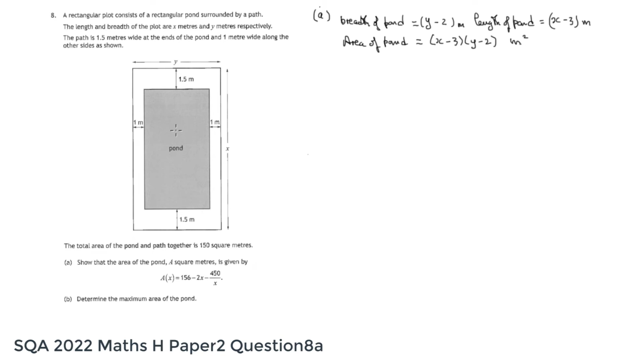Now the area of the pond plus the area of the path actually gives you the area of the plot. So let's write this down. Area of plot is the area of the pond plus the area of the path.